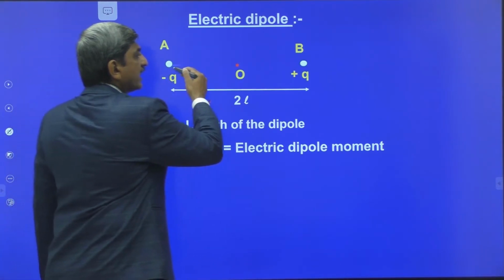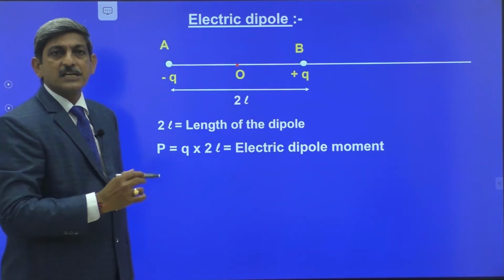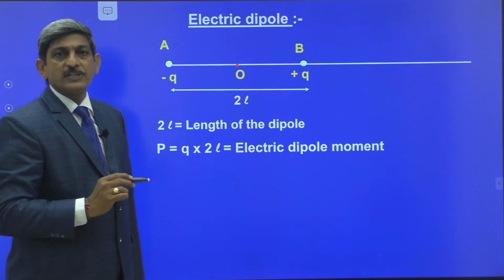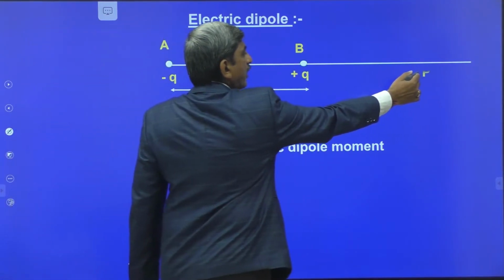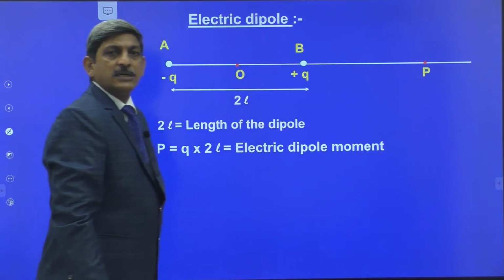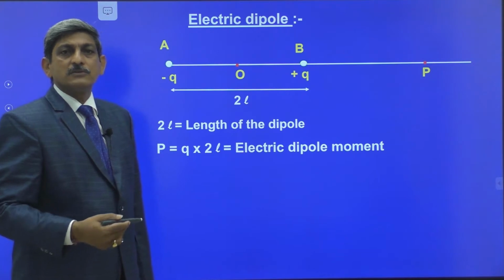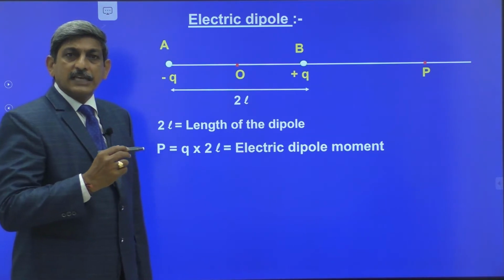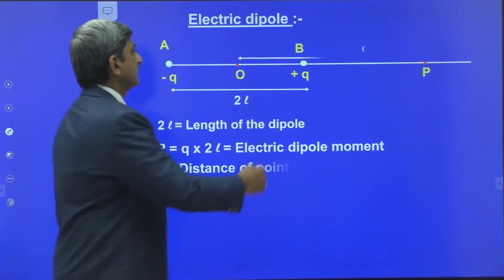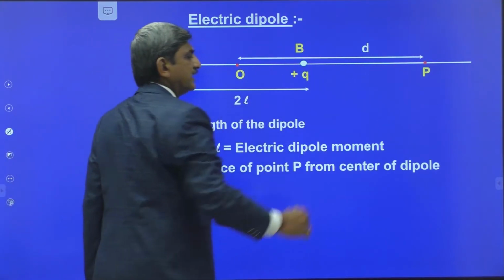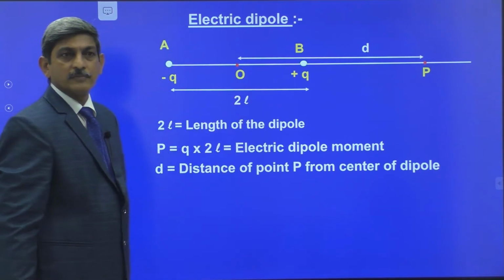Now, let us draw a line joining the two charges, that is called the axial line of the electric dipole. Let us consider a point P on the axial line. We want to determine the electric field intensity at that point P. Let d be the distance of the point P from the center of the dipole.